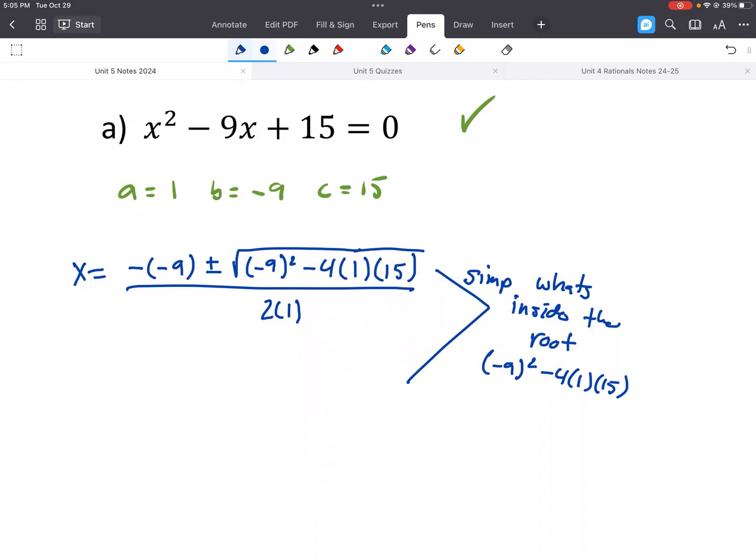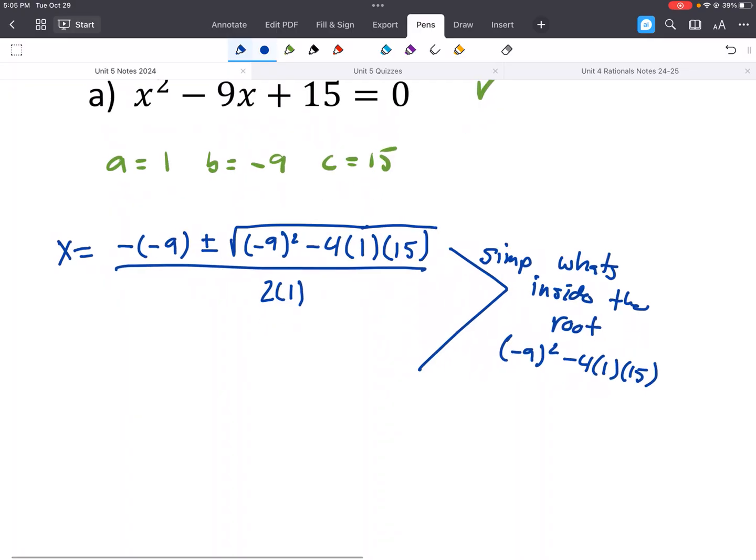Okay, so I've already done mine. I've typed that in already, and I end up getting 21. Okay, so x equals 9. So again, we had this double negative here. So it'll be +9 plus or minus the square root of 21 over 2.